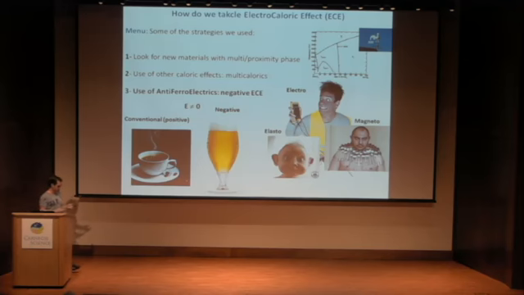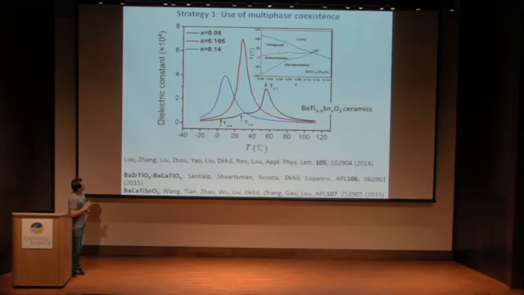So depending if you are more coffee or more beer, you have to choose either ferroelectric or antiferroelectric system, or both if you want to combine both effects. Both is very good.